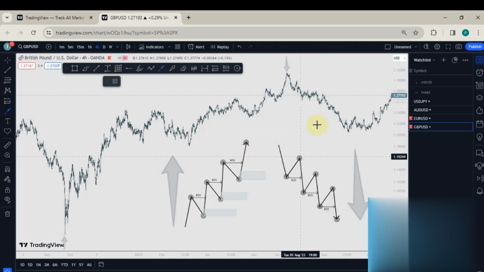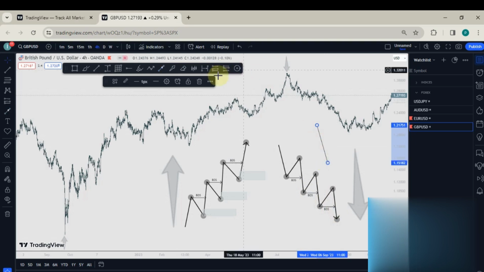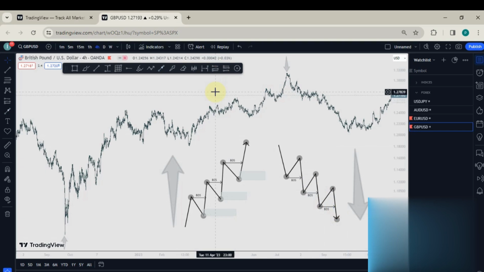So as you can see, this higher low broke this lower low, creating what? A break of structure. This higher low broke this lower low, creating a break of structure. This higher low broke this lower low, creating a what? A break of structure. And in a downtrend, after a higher low breaks the lower low, the lower high becomes a supply.